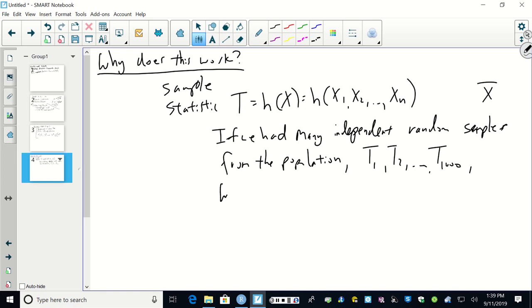Right? We then could assess the variability of our estimate. And we could put some type of interval around that. We could look at the percentiles, how wide intervals typically are, standard deviations of these. Right? But we only get one sample.